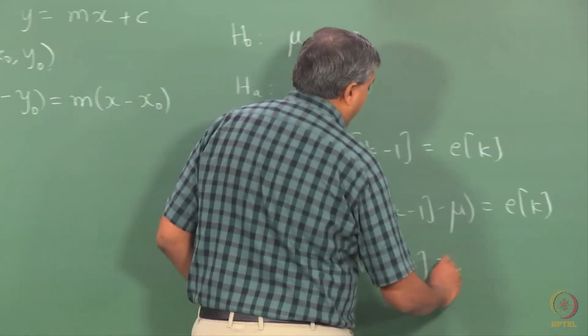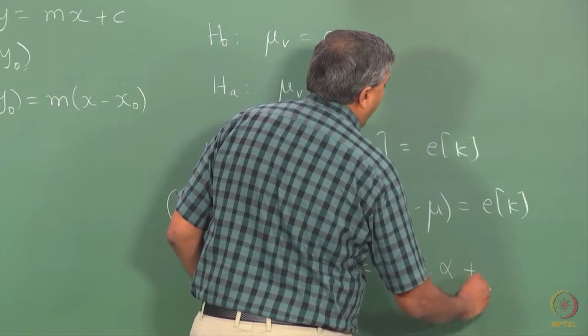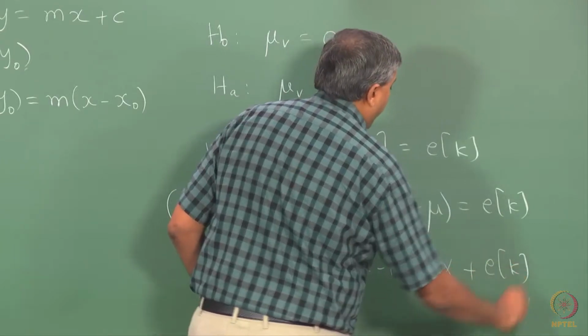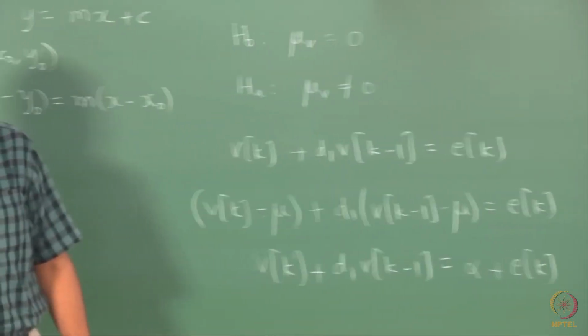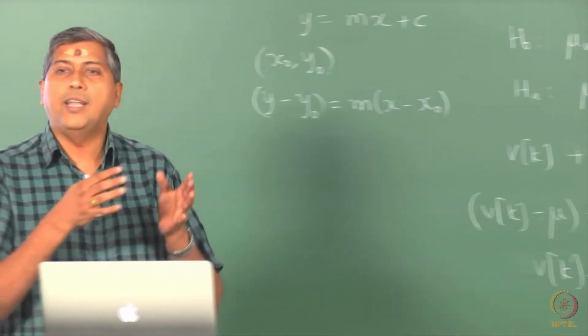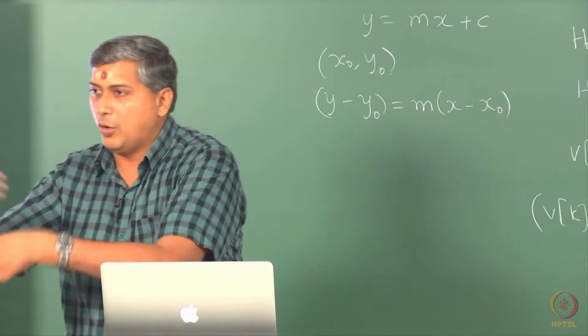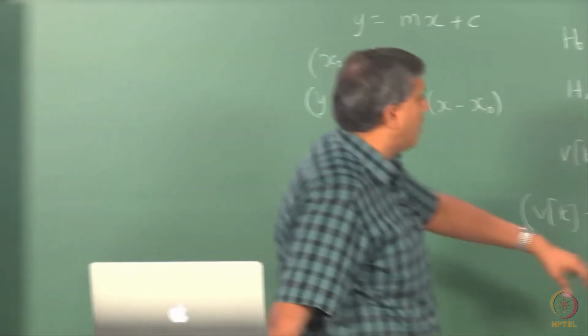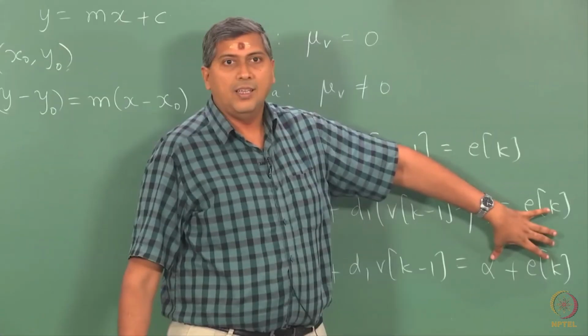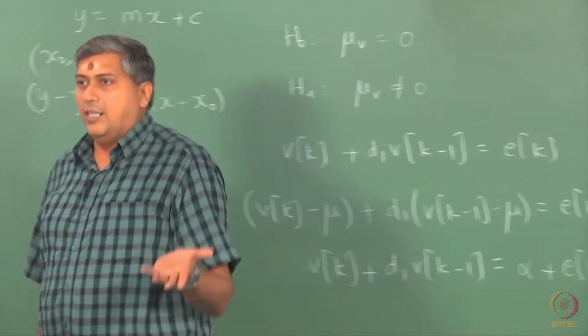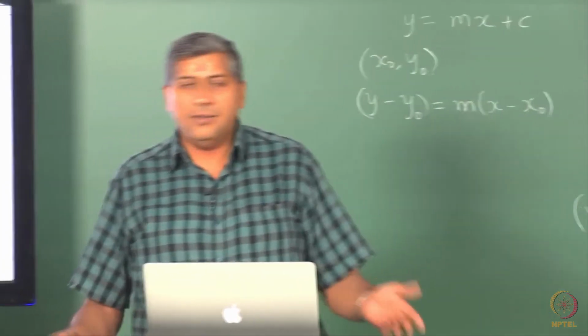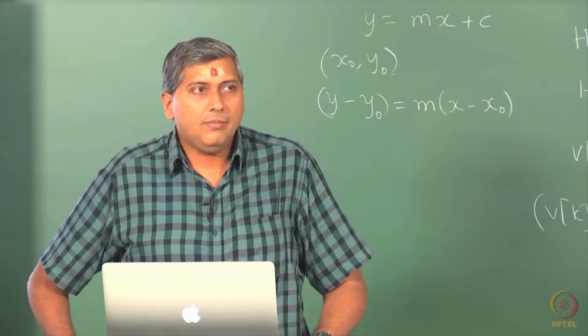So, you could say that there is some alpha plus Ek. So, you are now transferring the non-zero mean nature of V to as if you have now an Ek. So, you can think of this alpha plus Ek as a new Ek with non-zero mean equaling alpha.